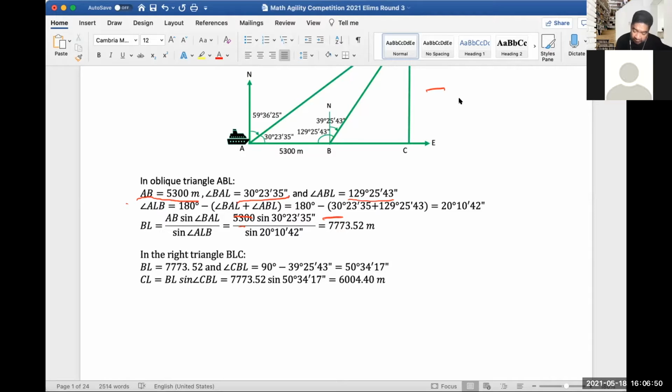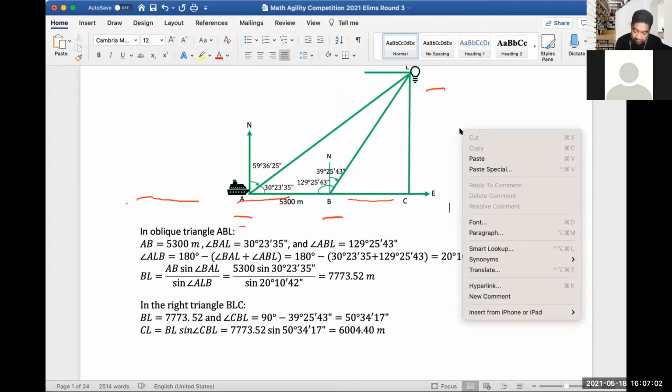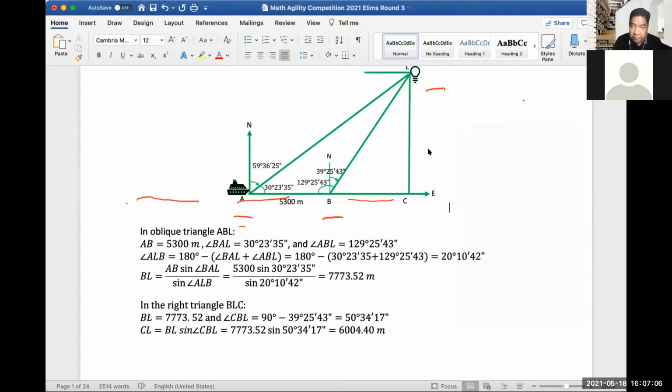So we will be able to solve angle ALB, right, which is the angle here. So this angle here would be 20 degrees, 10 minutes, 42 seconds, right?